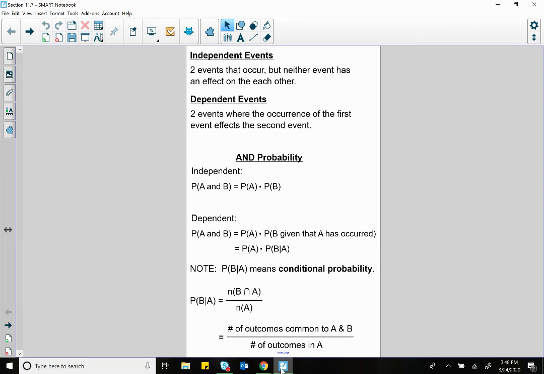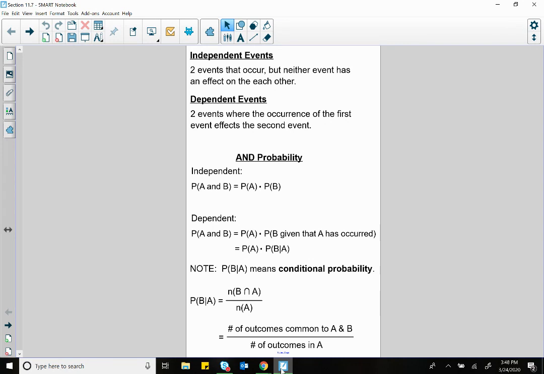Okay. Dependent events happen when there are two events, and the first one will affect the second one. An example: if you are dealing with a deck of cards and I go to my oldest child, Olivia, and say, draw a card, and she draws one. And then I go to my youngest, Natalia, and tell her to draw a card. Natalia didn't have the same opportunity that Olivia had, because when Olivia drew a card, there were 52 cards there.